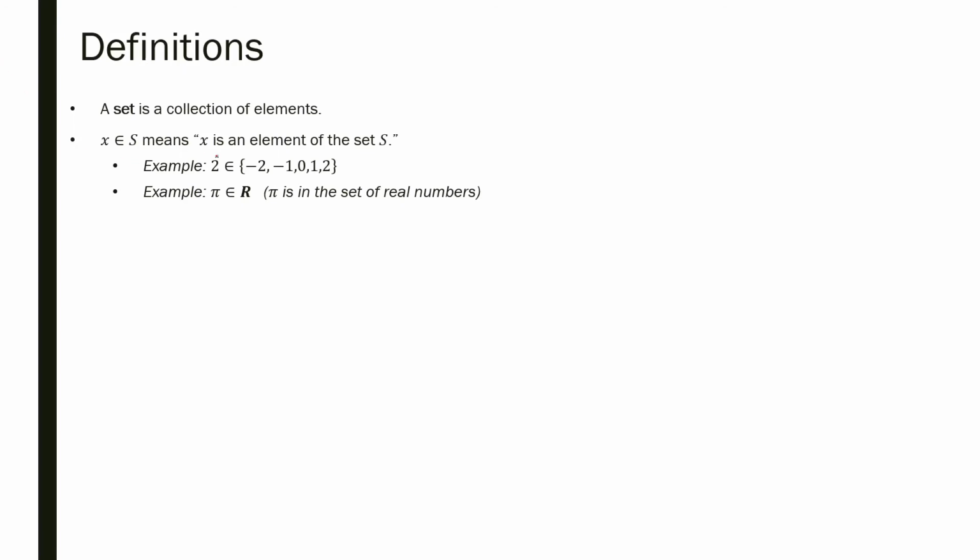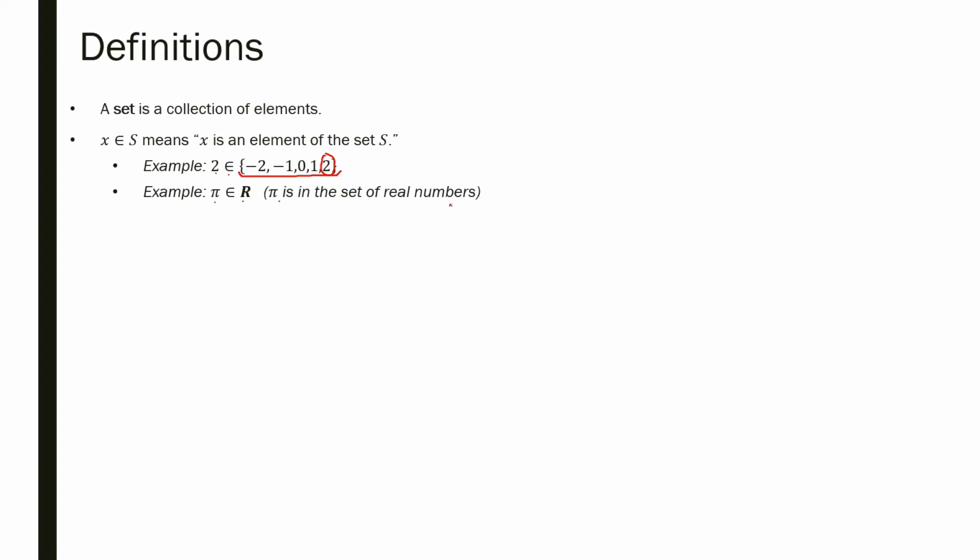This symbol, as we know, just means that x is an element of the set S. So, for example, 2 is an element of this set because this set contains the element 2. Another example, pi is an element of the real numbers, right? Pi is in the set of real numbers.